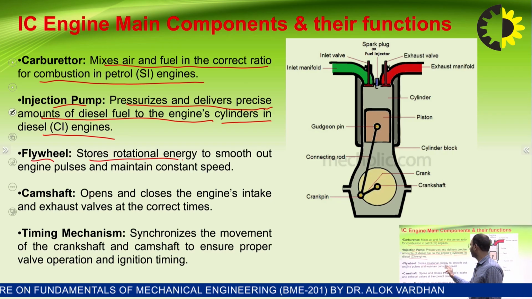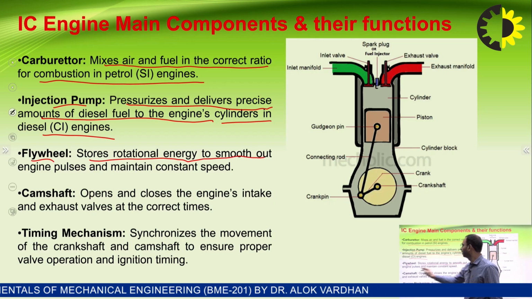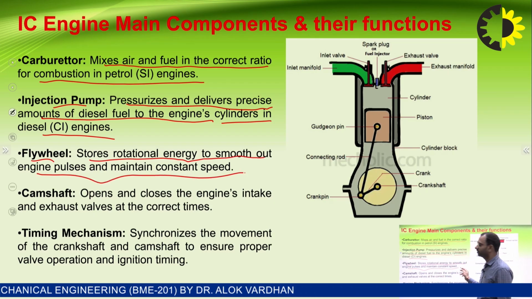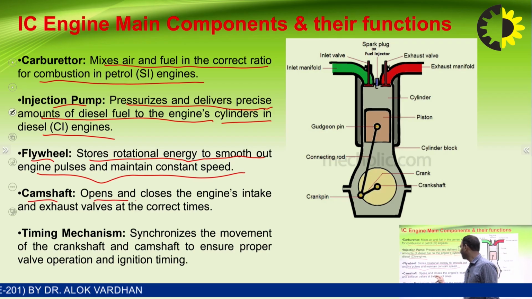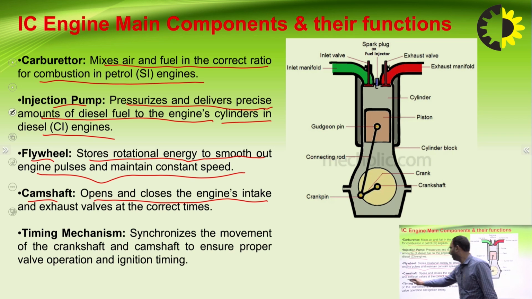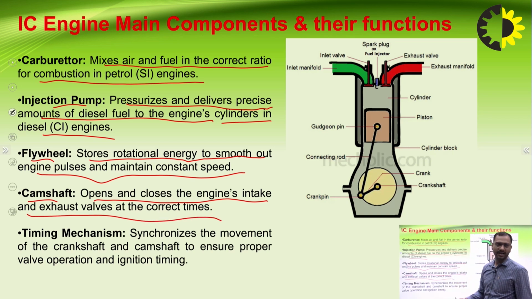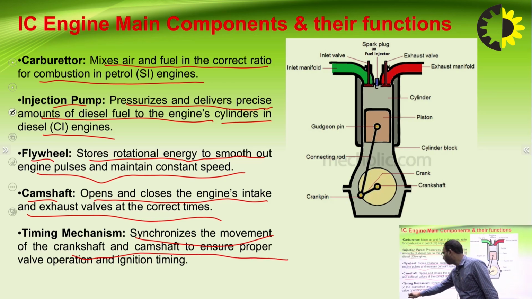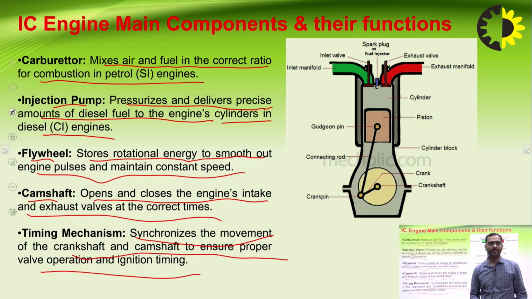It stores the rotational energy to smooth out engine pulses and maintain constant speed. Then what is the function of camshaft? It opens and closes the engine's intake and exhaust valves at the correct time. Then what is timing mechanism? It synchronizes the movement of the crankshaft and camshaft to ensure proper valve operation and ignition time. So these are the main components of any internal combustion engine and their functions.